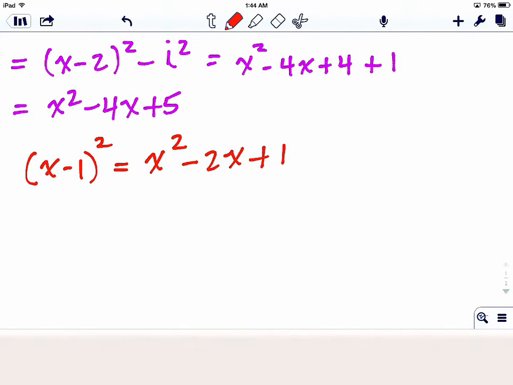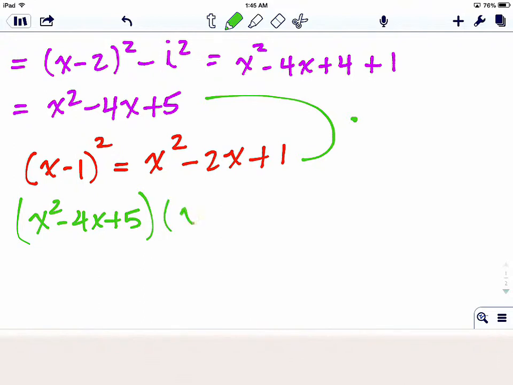So we have to now combine these two polynomials together. If we multiply those together, we will get a fourth order polynomial. Let's go ahead and do that. So we'll have x squared minus 4x plus 5 times x squared minus 2x plus 1.